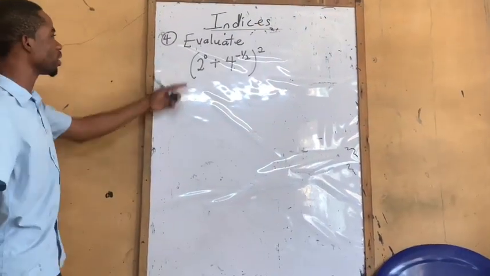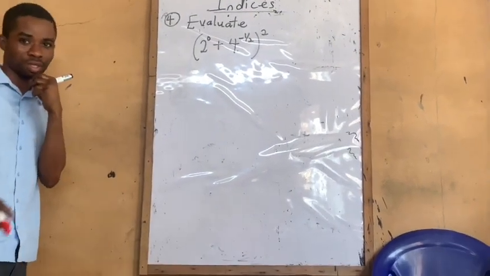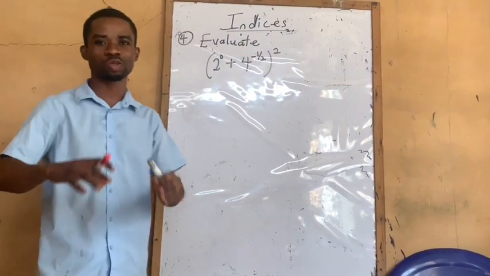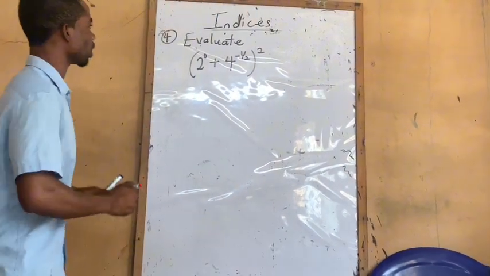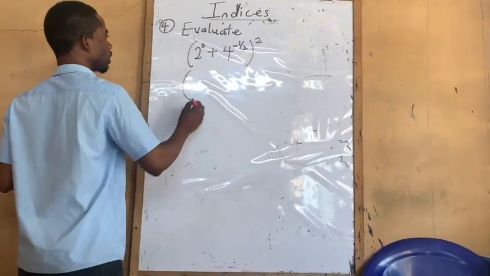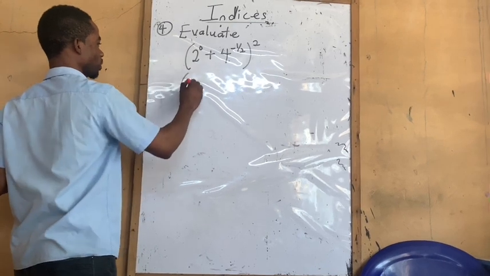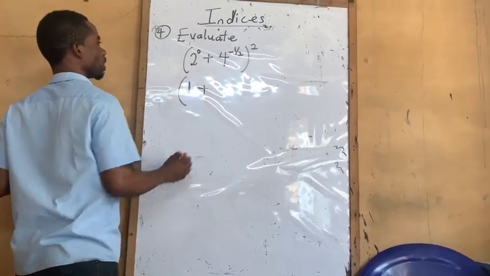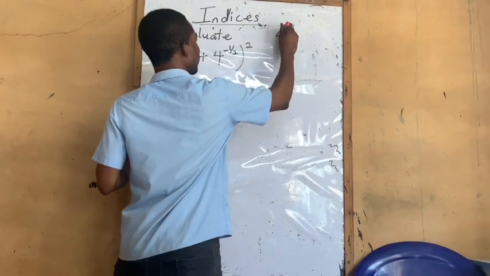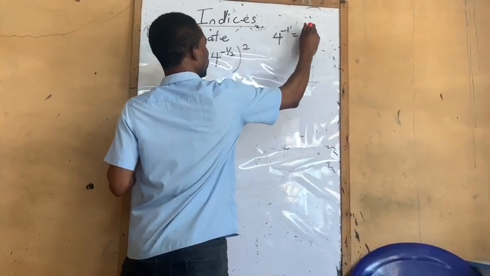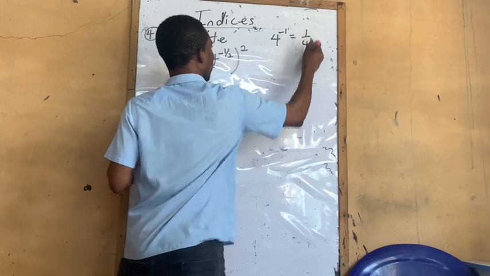So now the next question is this. Like I said, we are going to solve as many questions on indices as possible, and our aim is for you to get it clear. Now, if you are going to solve this, we know that 2 raised to power 0 is 1, plus, according to the negative law of indices, you can say 1 all over 4 raised to power 1.